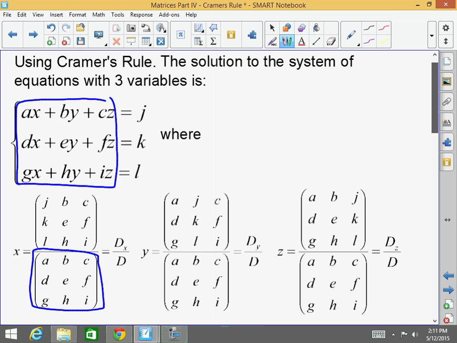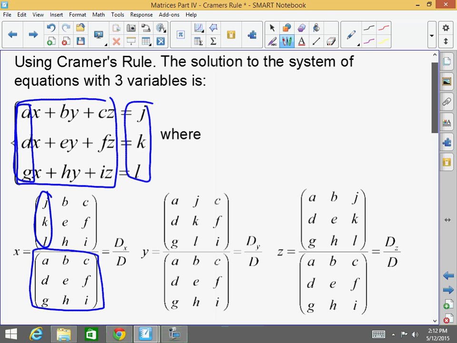Okay, that's pretty simple. Now, remember how in the 2x2s I replaced my e and f with x when I wanted to solve for x, and I replaced the ef with y when I wanted to solve for y? Same exact thing here, except check out what I'm doing. For d of x, guys, I'm replacing the j, k, and l with the coefficients of x. See that?